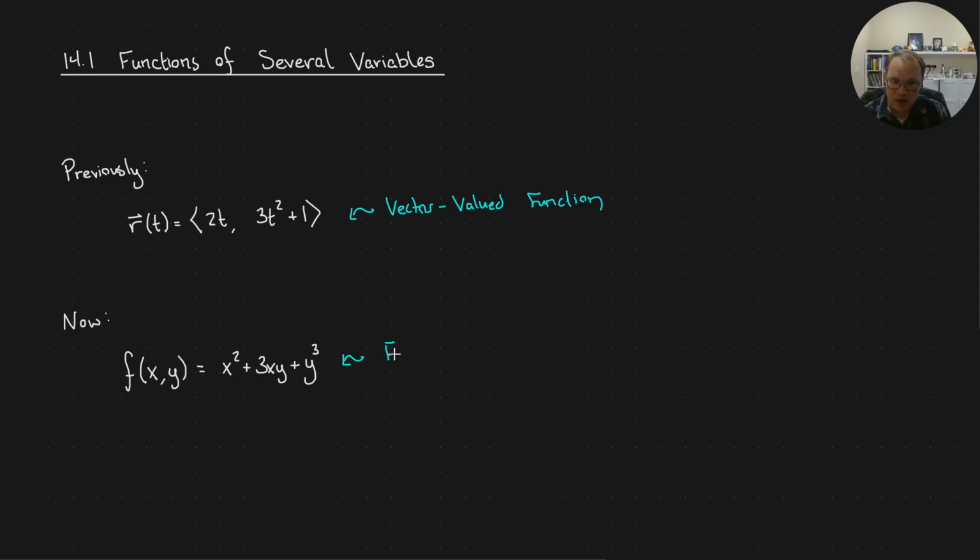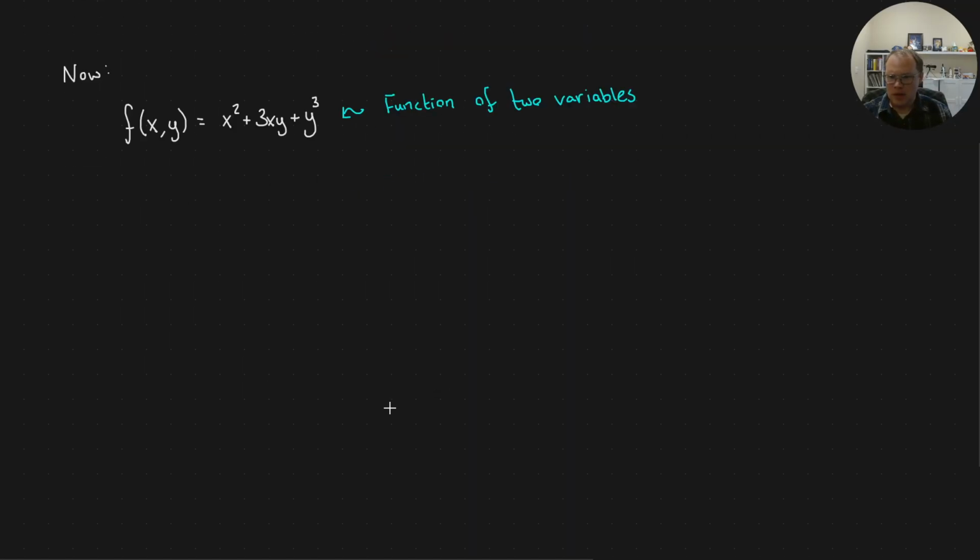This is a function, in this case, of two variables. Notice it takes in two variables and the output is a single value. Okay, it outputs a single value. All right? Let's define this.